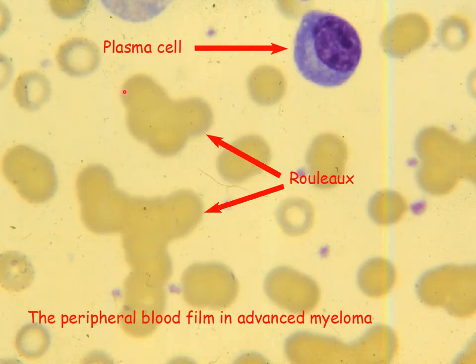Now, if you're looking at the peripheral smear, you can see the so-called Rouleau phenomenon, when we have stuck-together red blood cells. And if you have a plasma cell leukemia, you can see plasma cells in the peripheral blood, where normally they are not there.